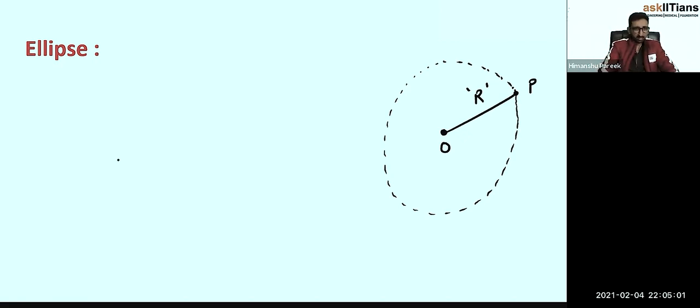Similarly, when we talk about the ellipse, it is something like that. Now we will take two fixed points, F1 and F2. These two fixed points are basically called the foci of the ellipse. F1 and F2 are not the center of the ellipse, they are the foci of the ellipse.